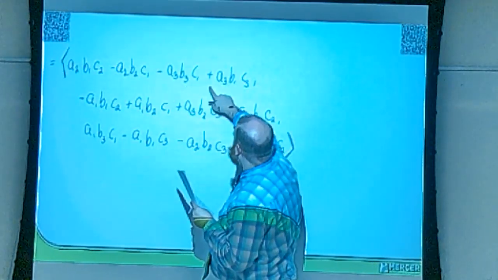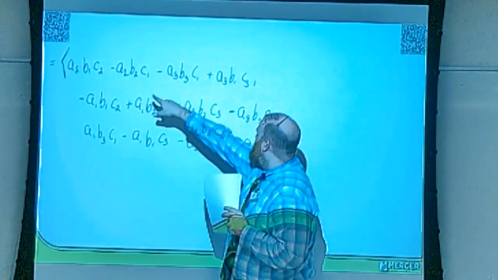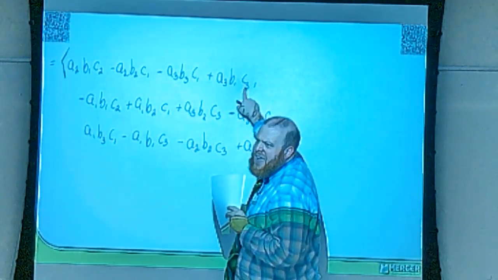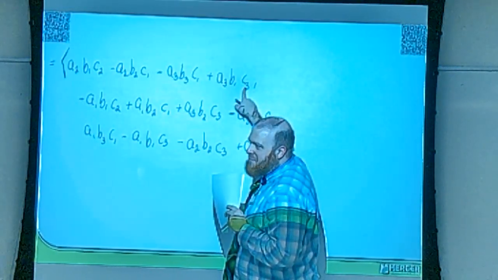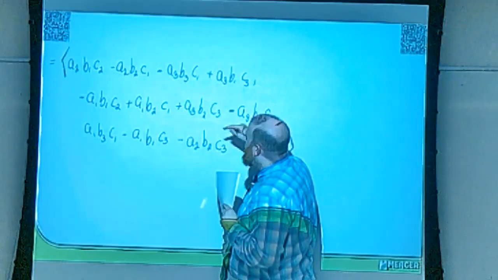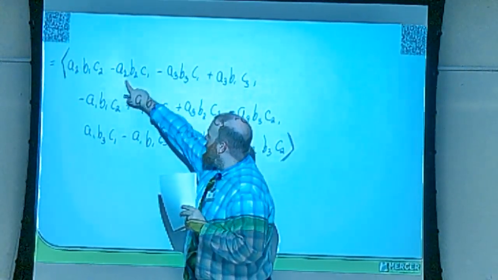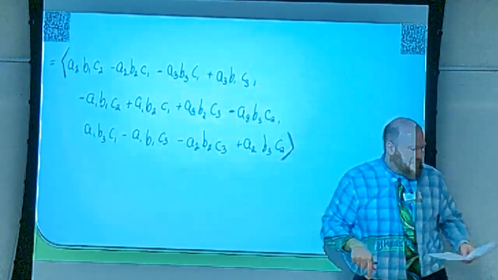For the 2 positive terms, both of them have B1. Then it's A2C2, A3C3. What's missing? A1C1. So I'm going to add A1, B1, C1 in it. But then I have to take it out. Which is fine, right? If you look at the negative terms, they both have C1, A2, B2, A3, B3, which is again missing the A1, B1.